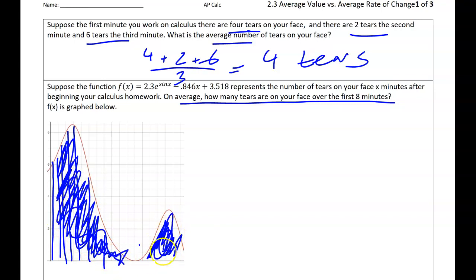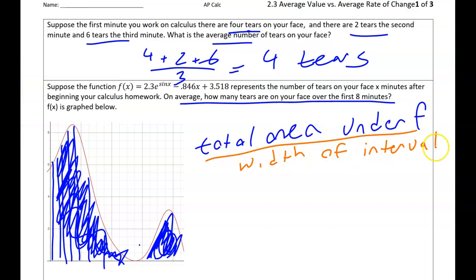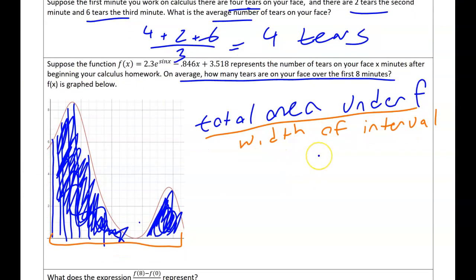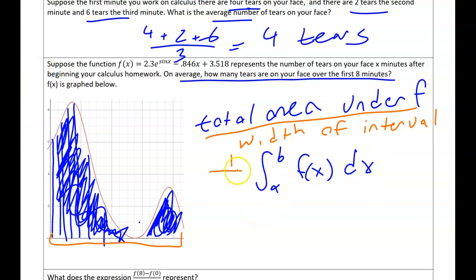So I can't necessarily use my baby idea of an average, but really what we mean by adding up all of the x values is just the area under the curve. So I can take, in this case, the total area under the function f, and then divide by the width of the interval. Width of the interval is just all the way from 0 to 8. So we already have notation for this, right? It would be something like this: the integral from a to b of f of x dx, divided by, I'm going to write it as a fraction out front because it's easier, the difference between b and a.